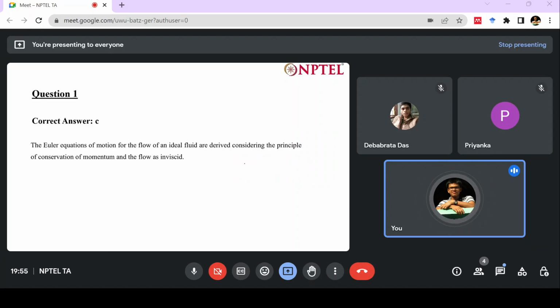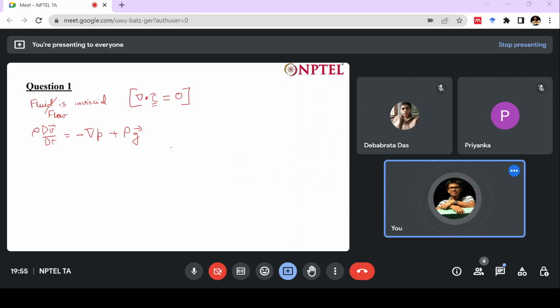So we can already see, as we derived the Euler's equation, this is the Euler's equation. You can already see the three terms of the Bernoulli, right? So how can we arrive at Bernoulli's from here? We will integrate this equation.